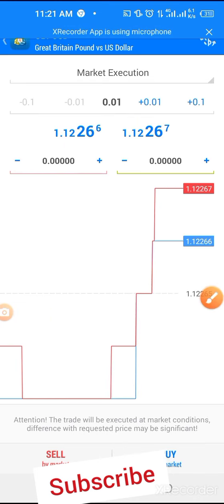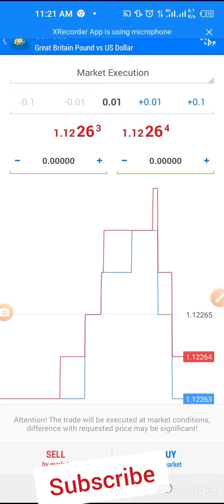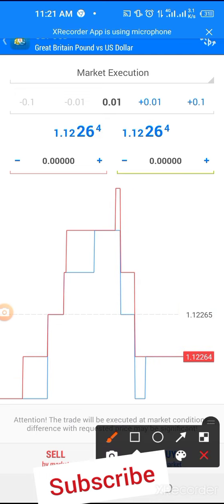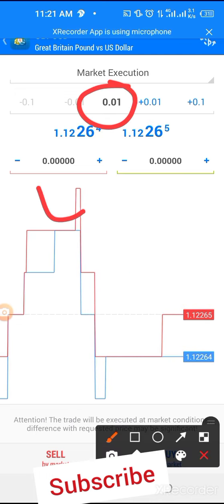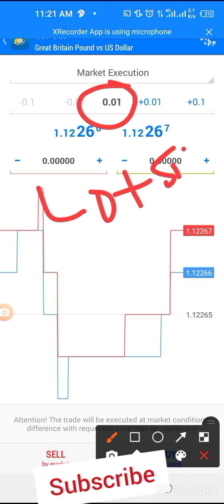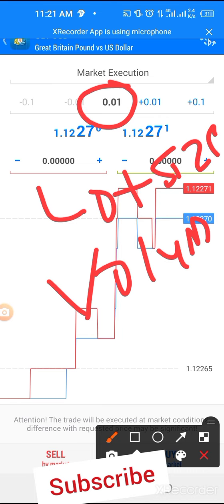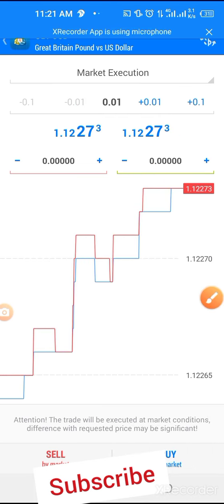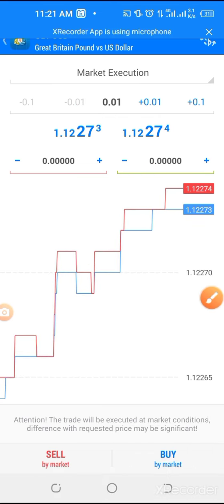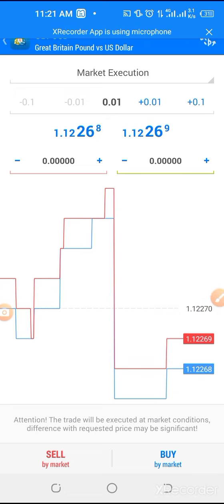All right. So now let's look at the next thing we want to understand in this platform. Now here is where you put your lot size, which is also called your volume. So you can either add your volume or you reduce your volume.